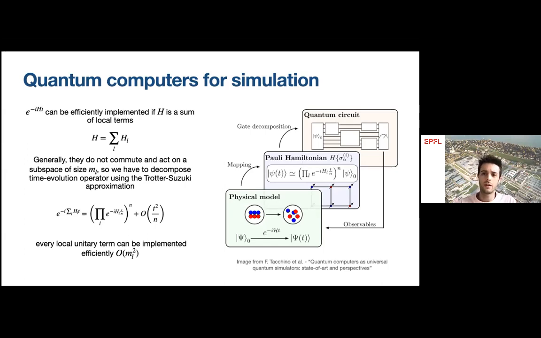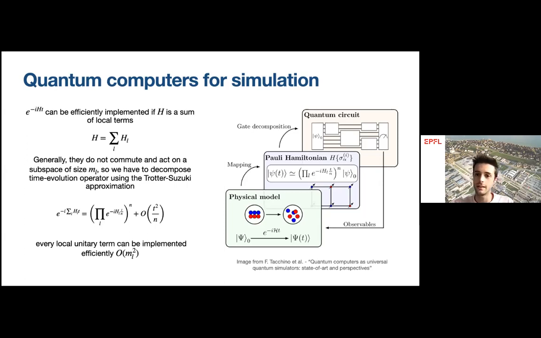So we start from a physical model that we want to study. We have our Hamiltonian, we have our time evolution operator, and we map this system into a Pauli Hamiltonian, that is the Hamiltonian that acts on the qubits and whose states are states of the qubits.